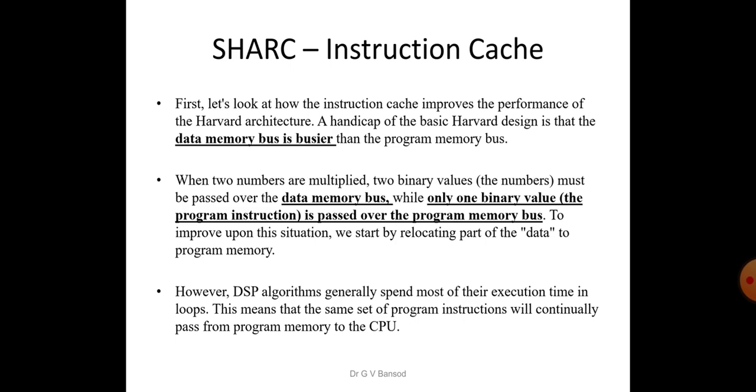It will execute only one program instruction, but that instruction can consist of multiple data which come from the data memory. The whole idea is to reduce the load of the data memory by doing a balancing act, relocating part of the data to the program memory, so that the program memory also gets an equal load compared to the data memory.